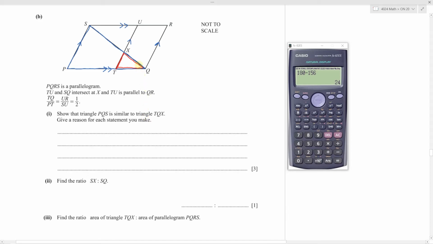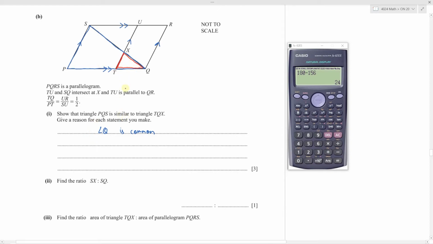So angle, let's call this SQP, or we can simply say angle Q is common. So it will be the same value of this angle in both the red and the blue triangle.